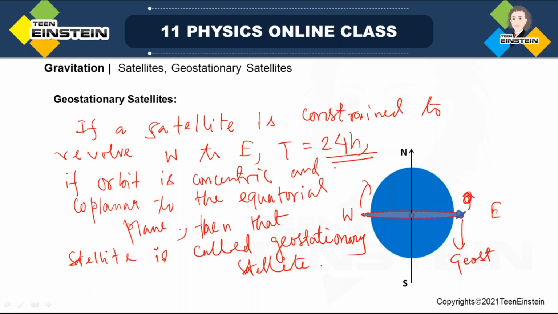Why? Because the satellite is revolving along the same sense or same direction as the earth is rotating about its own axis.